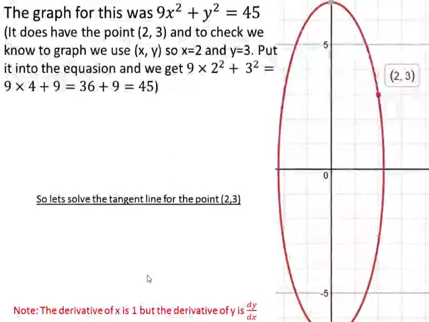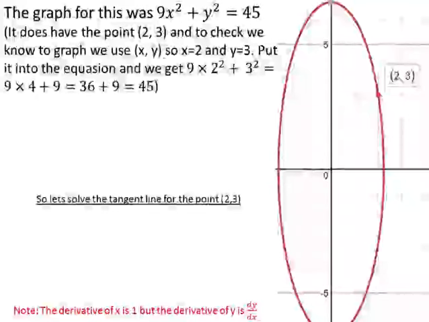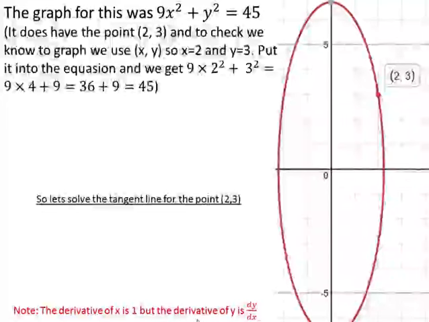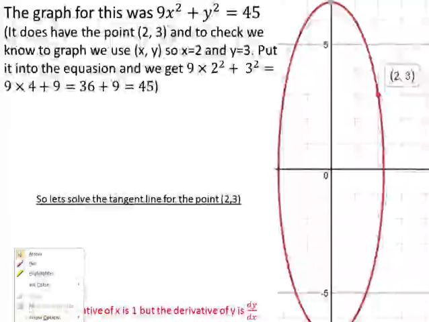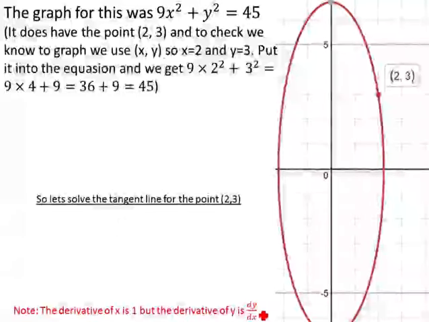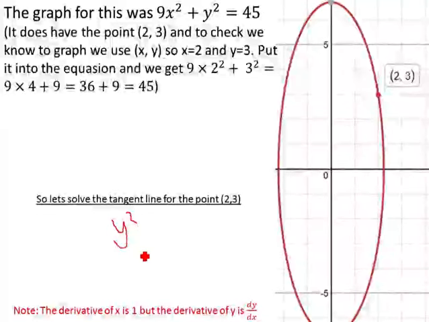So let's solve the tangent line for the point 2,3, and just a note, we're going to be using derivatives, so get your derivative mind into gear, because the derivative of x is 1, as you may know, but in cases of y, the derivative of y would be dy divided by dx, and then they would be separate. So y would become dy divided by dx, but of course it was y squared.